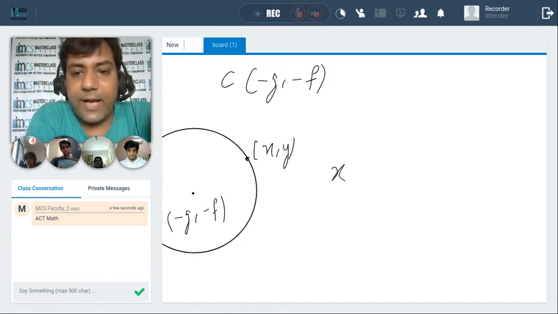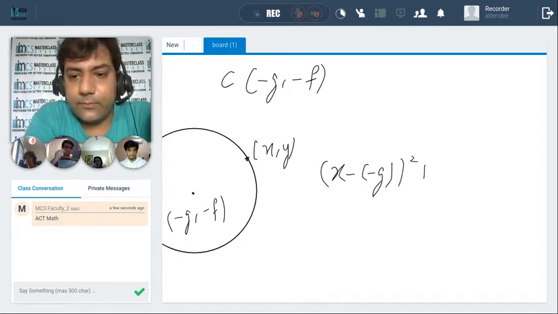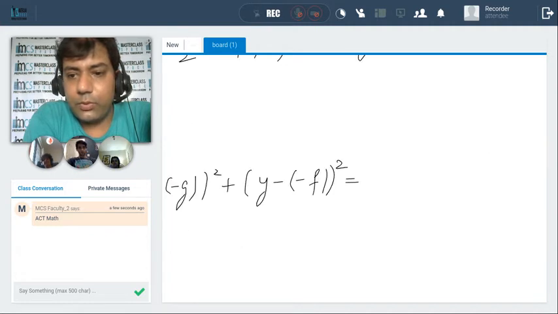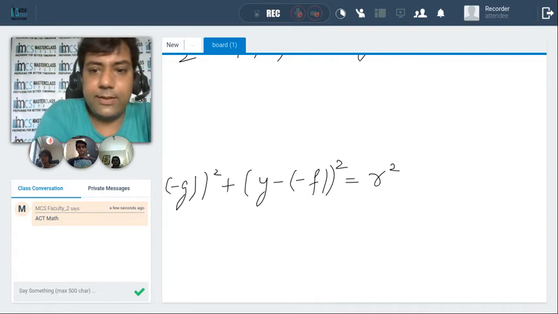X minus g whole square plus y minus f whole square equals r square.